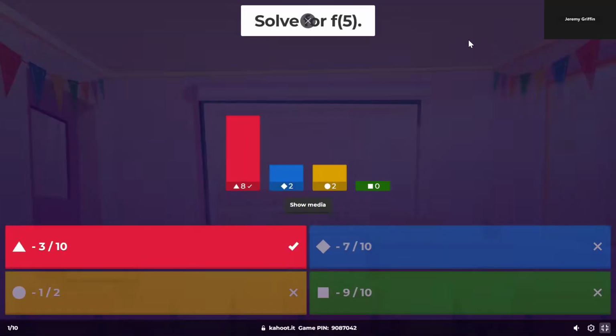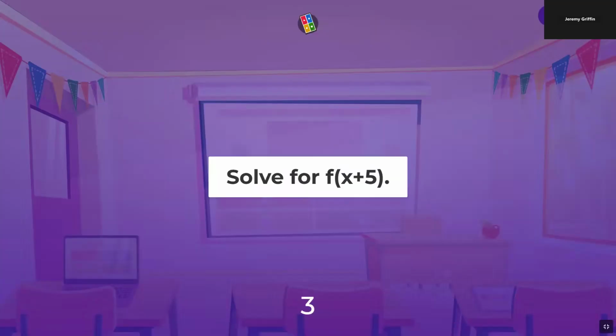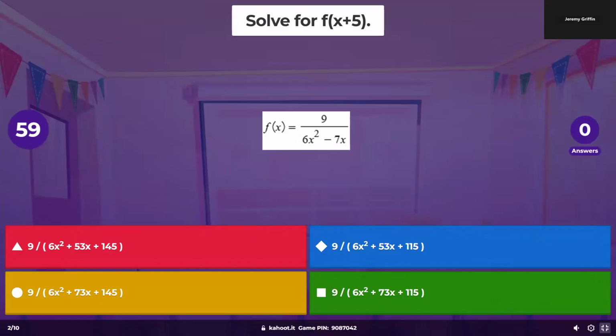I got points on the board. Solve for f of x plus 5. I'm about to mess this up. Mr. Griffin, that's my name, because I can't put my full name. Why did it get one? Hey, are we guessing on this?